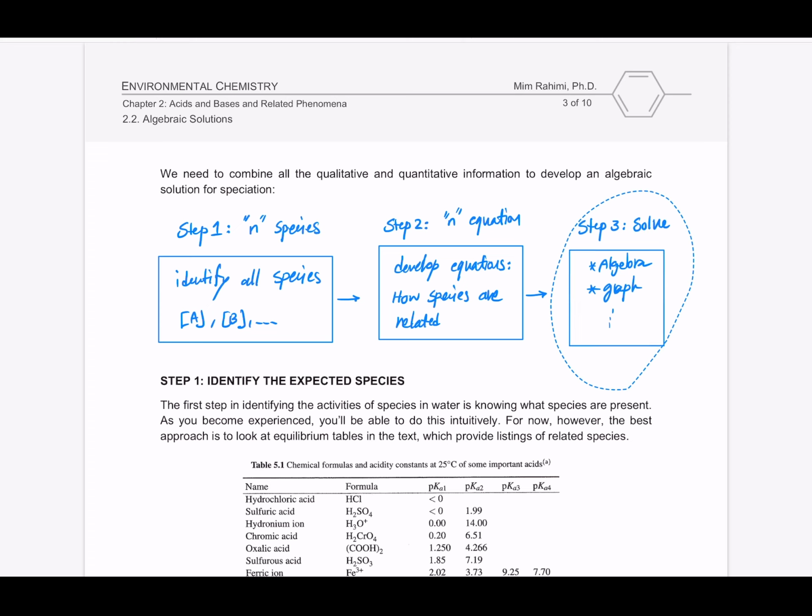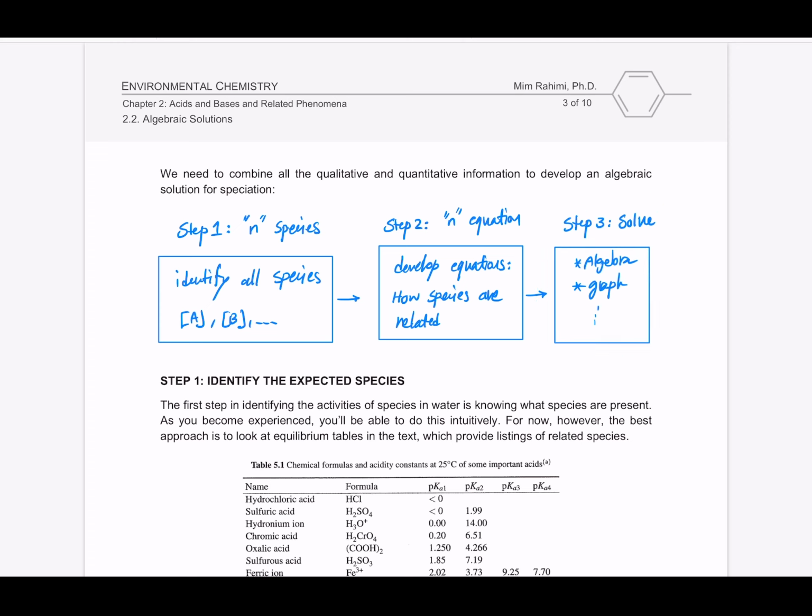So for the rest of this course, we're going to follow the same procedure. N species, so you have to be able to identify potential species that are there. Then how these species are related, we're going to talk about this in detail. And then your tools to be able to solve for the equations.